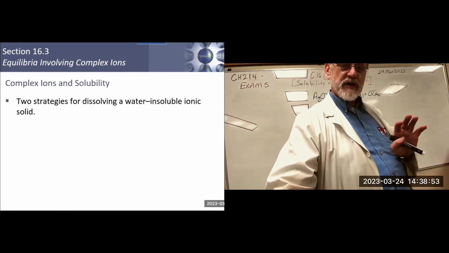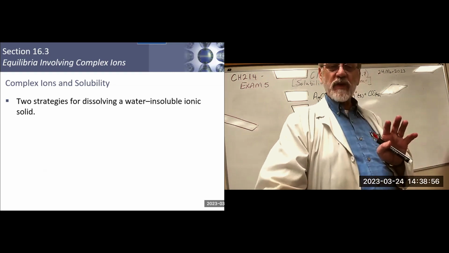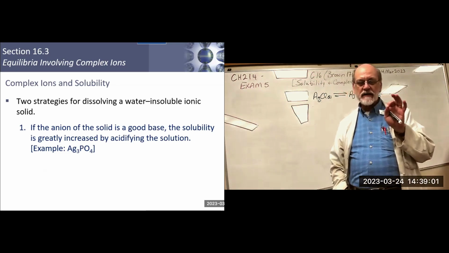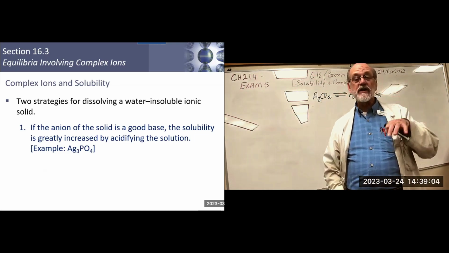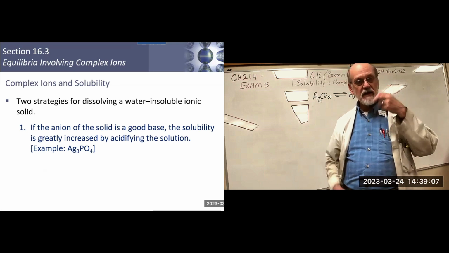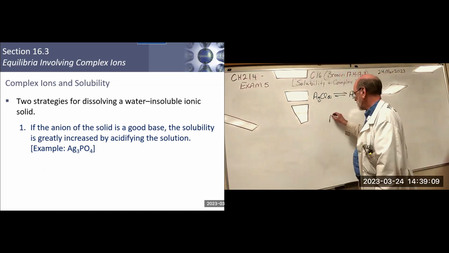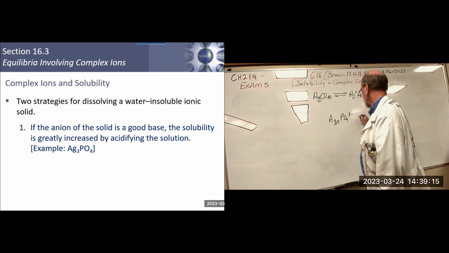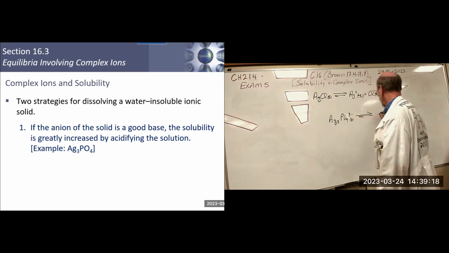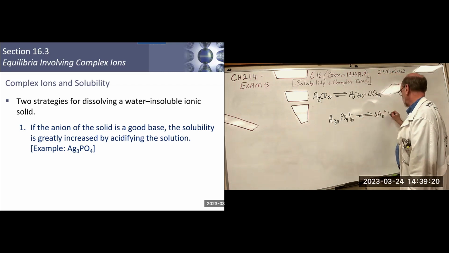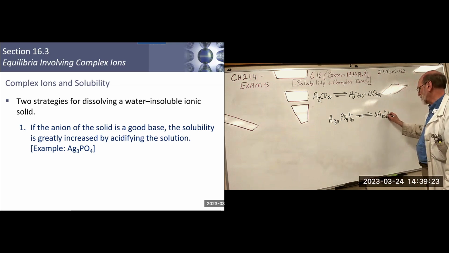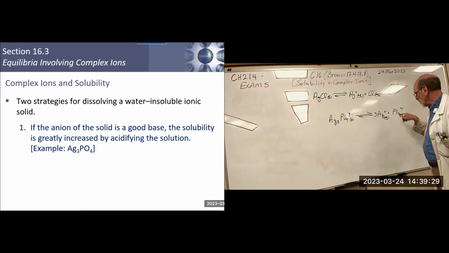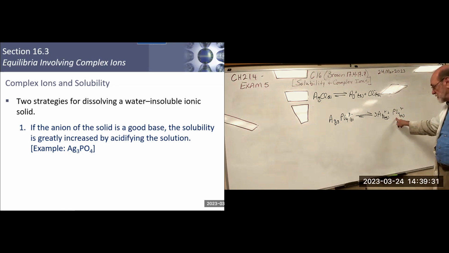Okay, so now we're going to rehash two strategies for dissolving a water-insoluble ionic solid. If the anion of the solid is a very good base, a very strong conjugate base, such as phosphate, aqueous, we know that this is a very strong base.